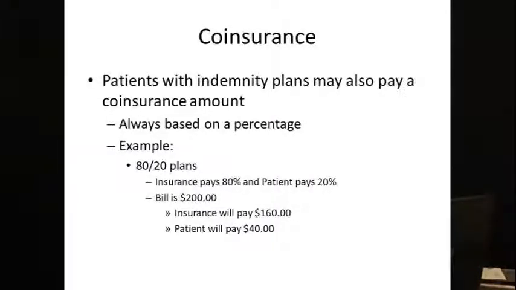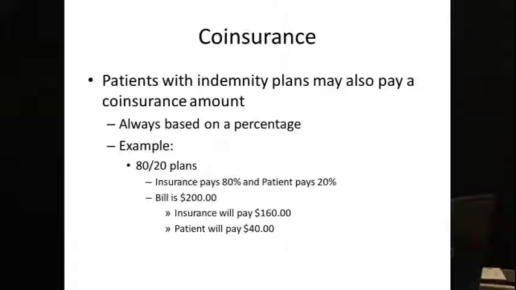Coinsurance. Coinsurance is different. And you'll hear these terms used interchangeably, but that's incorrect, because copay is not a coinsurance, and a coinsurance is not a copay. Coinsurance is the amount that the patient pays that's based on a percentage of the covered cost.